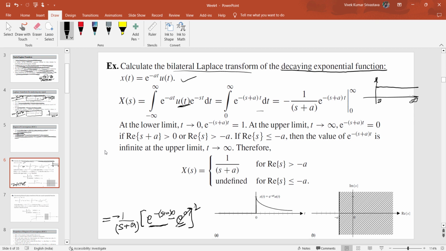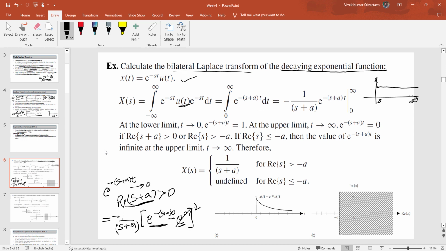To make this value, that is e raised to the power minus (s plus a) t, be 0, what is needed is that the real part of s plus a should be greater than 0, meaning it should be a positive value.